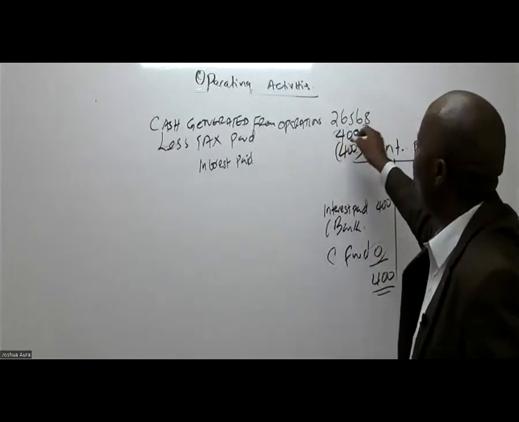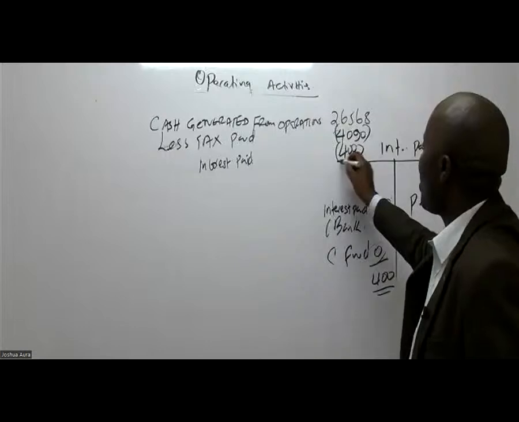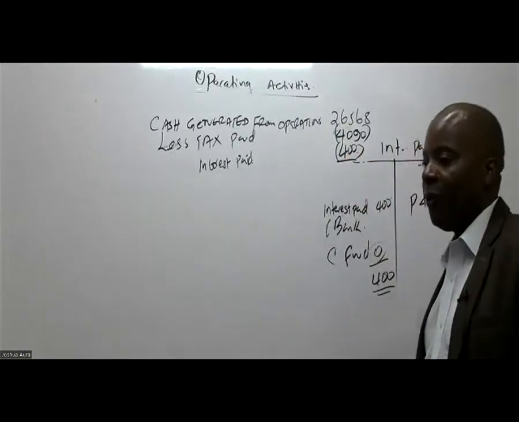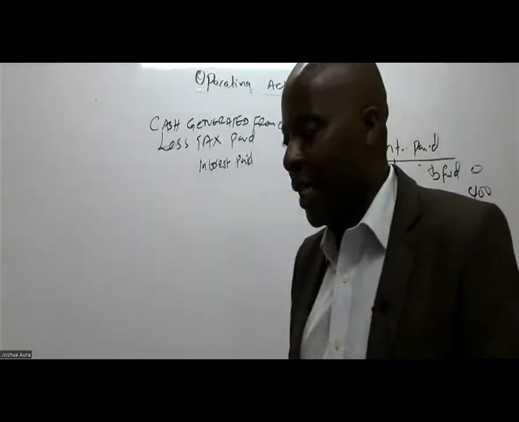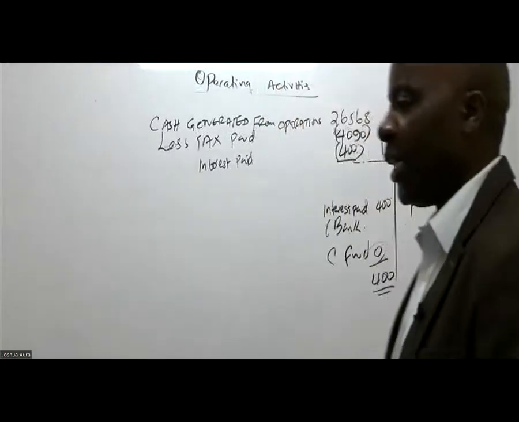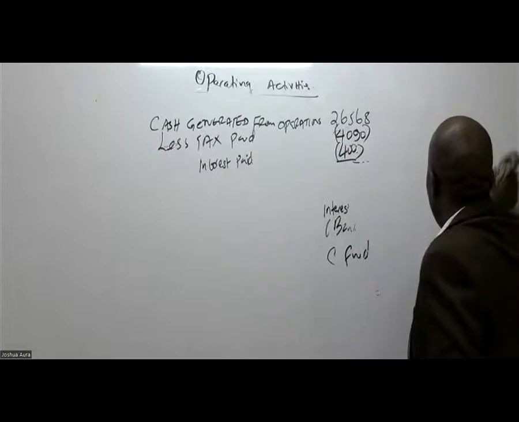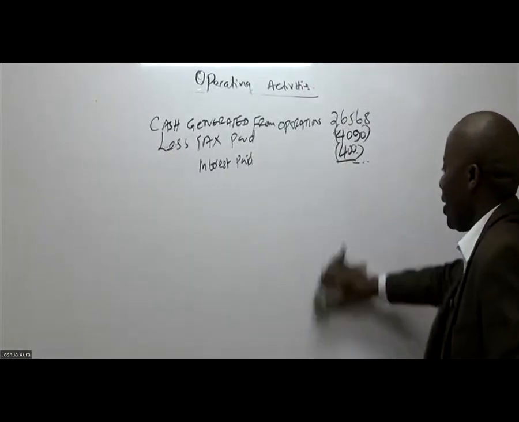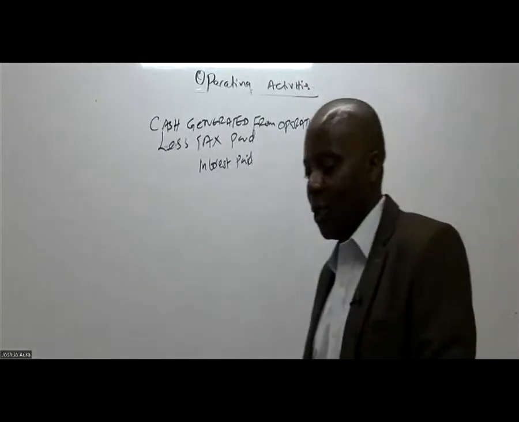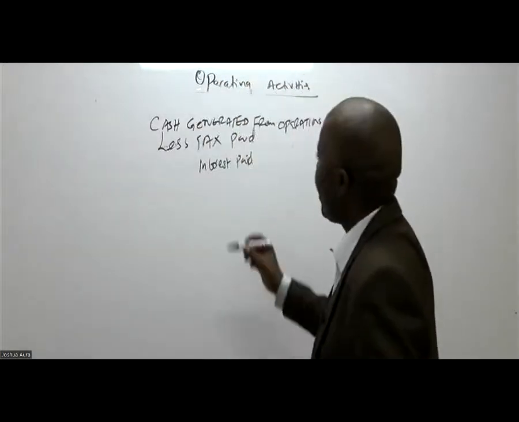So the two are supposed to be subtracted. When you subtract, what figure are we getting here as our net cash flow generated from operations? What figure are we getting, somebody, as our net cash flow generated from operations?